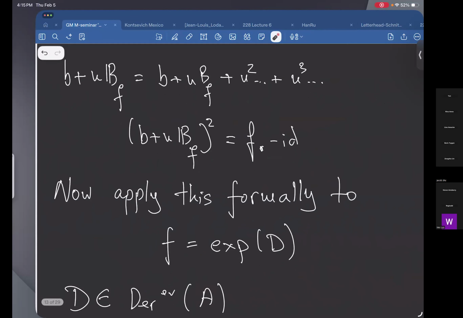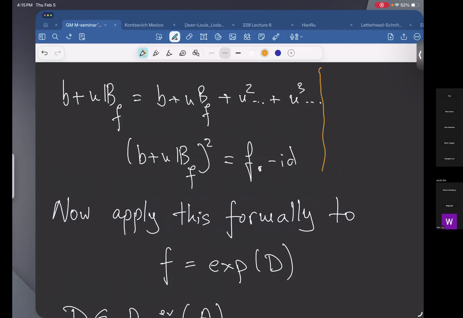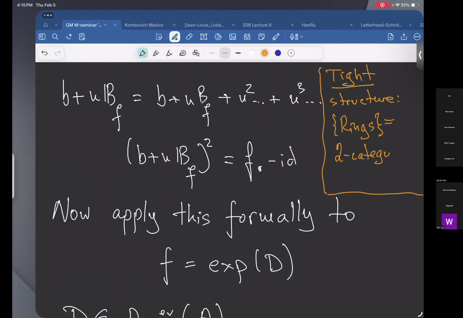And maybe the one thing I would say about what kind of tight structure, let me give you one way of saying it.